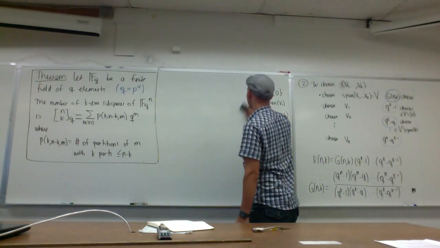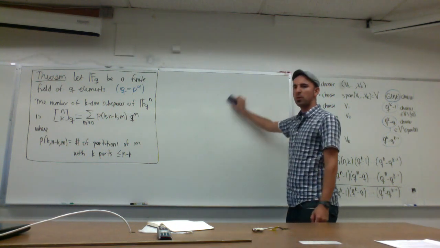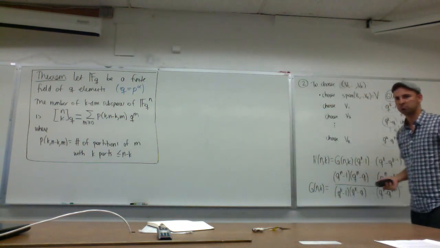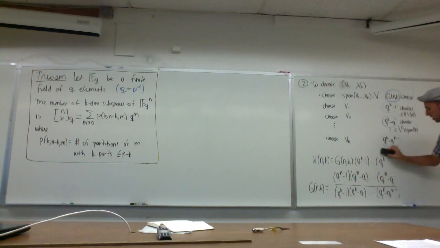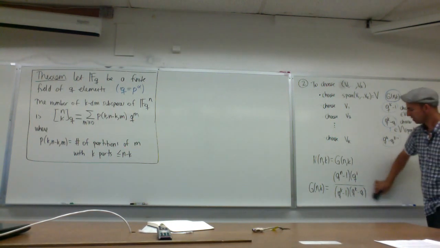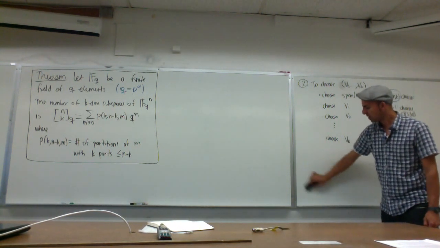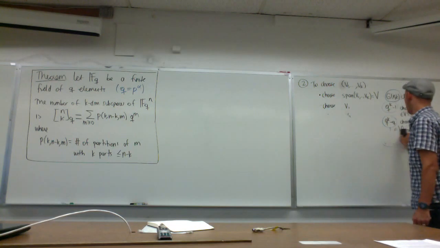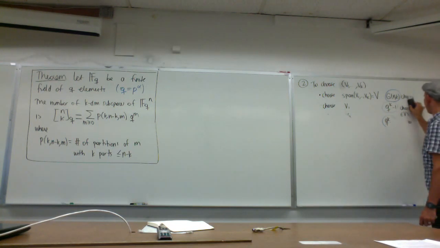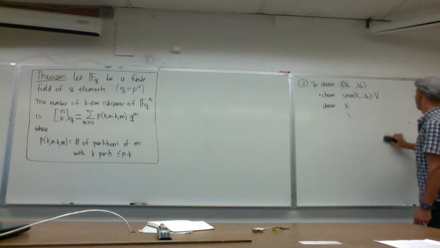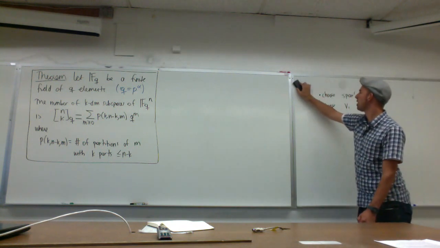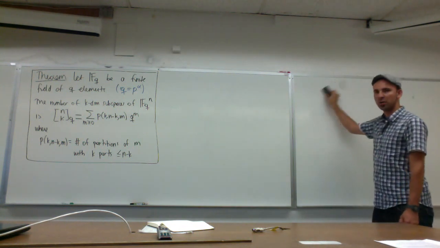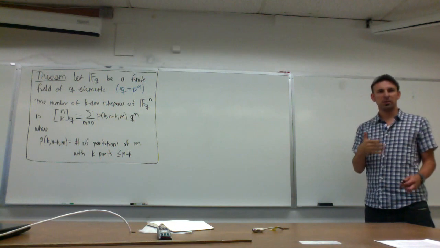Remember that the compositions of n are the ways of writing n as a sum of positive integers in some order. And a partition of n is a way of adding up numbers to get n where the order does not matter.